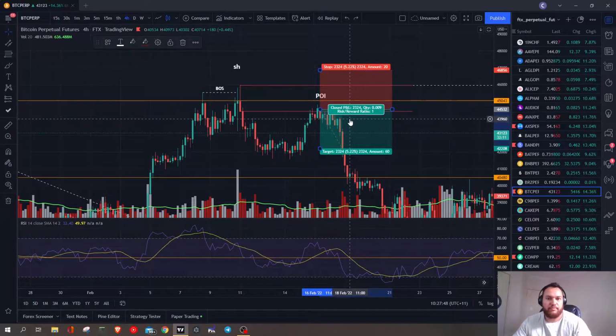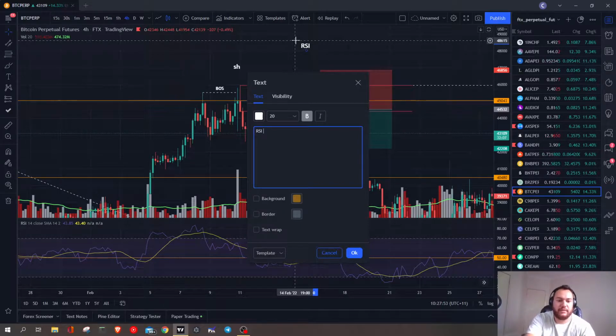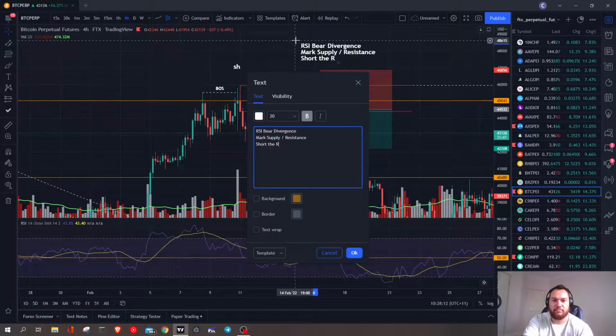Okay, so RSI bear divergence, mark supply/resistance, and retest and short the retest.